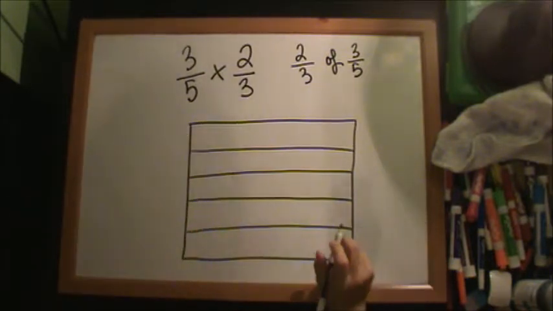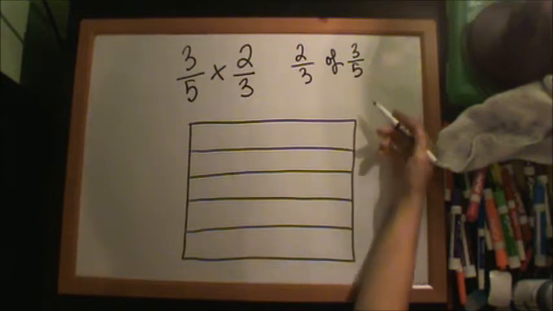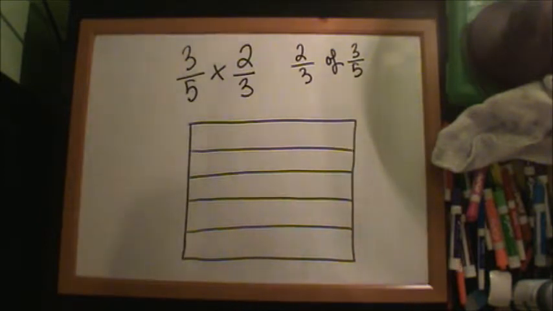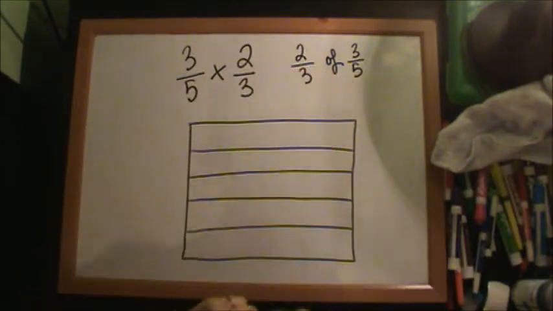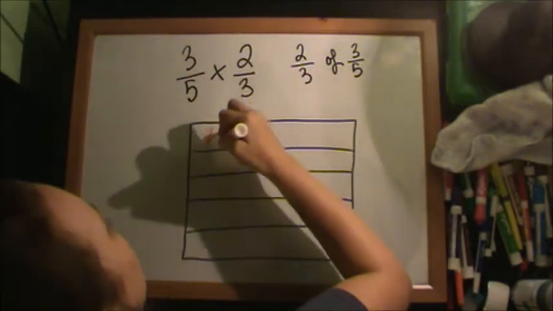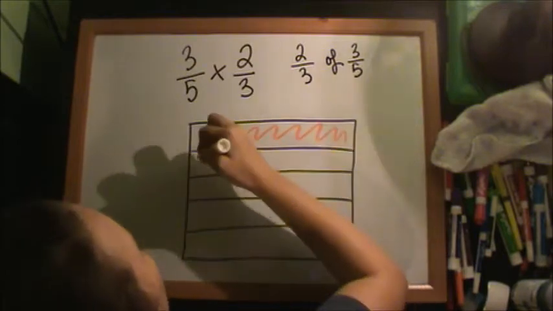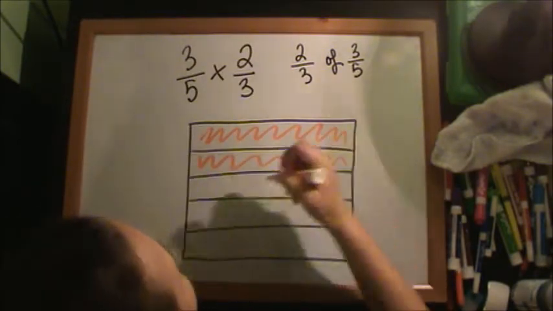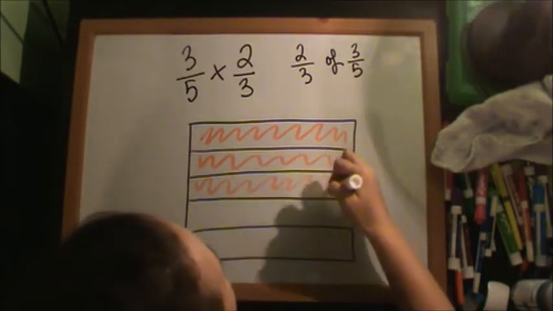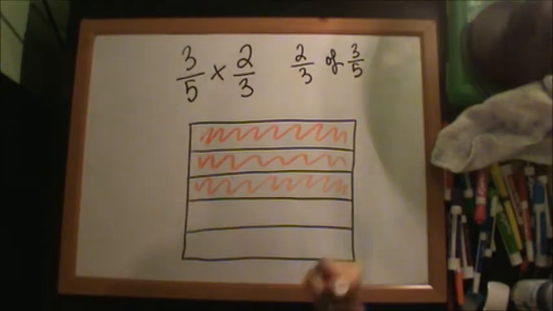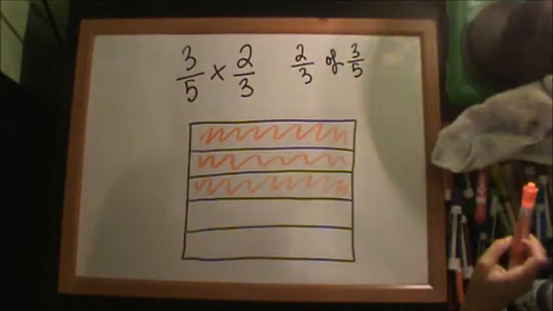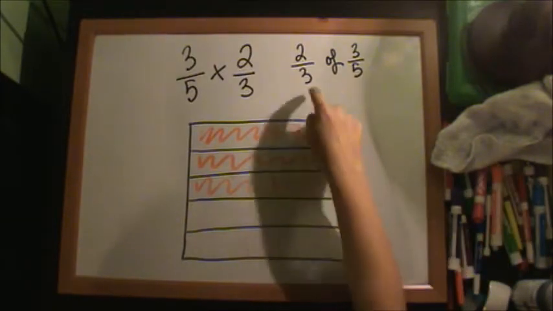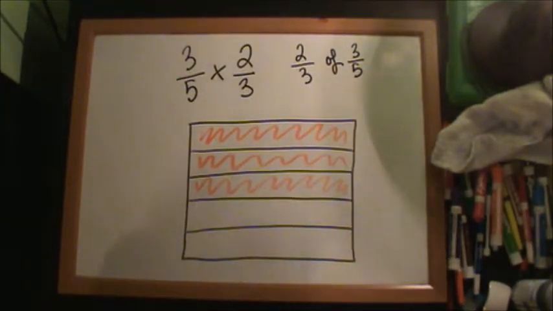Okay, so I have my box divided into fifths. Now, I know that I need to color in 3 of them. So I'm going to go ahead and do that. 1/5, 2/5, 3/5.